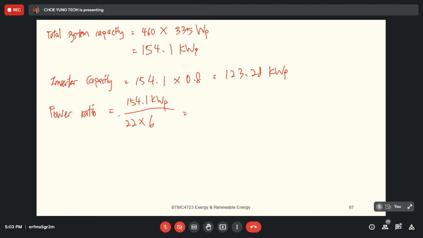Does it fall within the acceptable range? 1.167. Okay, and actually what we look for is between 1 to 1.2 for crystalline silicon photovoltaic panels.